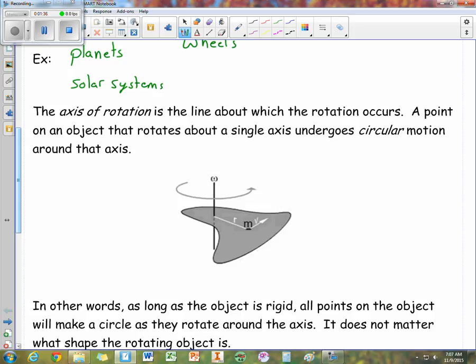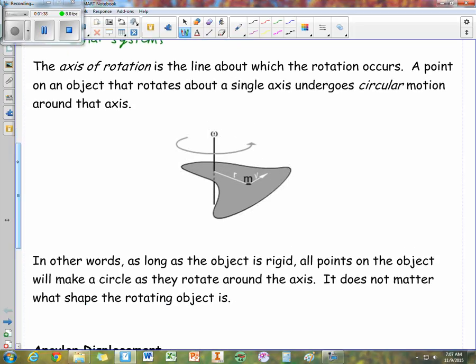So let's say we have something that looks kind of weird, like this object right here. This object is rotating, and the axis of rotation is this line right here. And we can see that the direction of rotation here appears to be counterclockwise, like that.